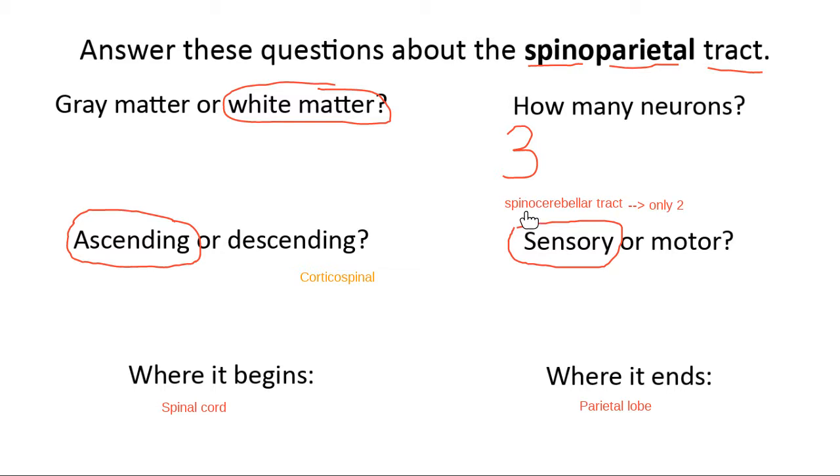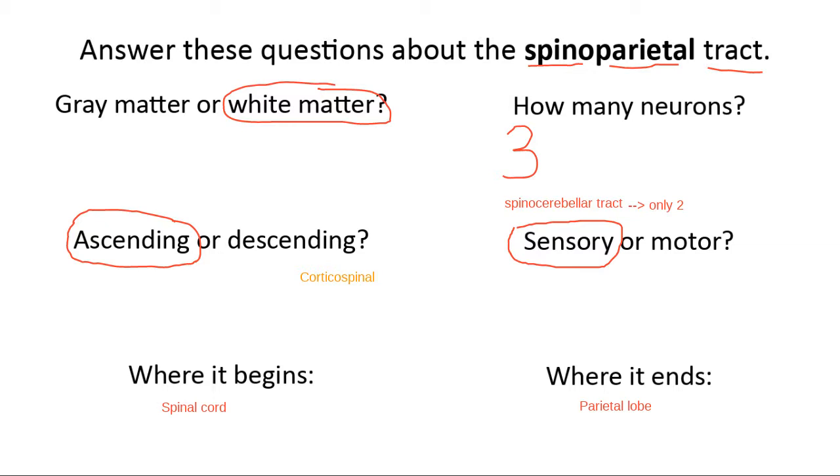The reason spinocerebellar doesn't have a 3rd neuron is because of where it ends, right? It ends in the cerebellum. When we have 3 neurons in a typical ascending tract, where does that 3rd neuron, the one called the 3rd order neuron, start?